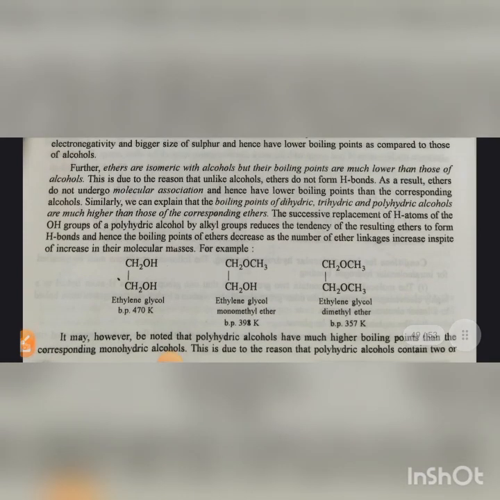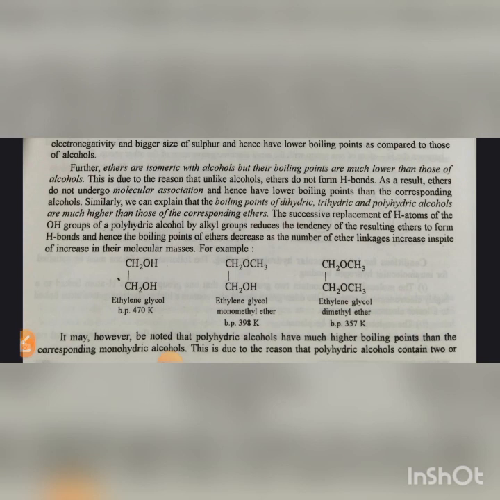Further, ethers are isomeric with alcohols, but their boiling points are much lower than those of alcohols. This is due to the reason that, unlike alcohols, ethers do not form hydrogen bonds. As a result, ethers do not undergo molecular association and hence have lower boiling points than the corresponding alcohols.